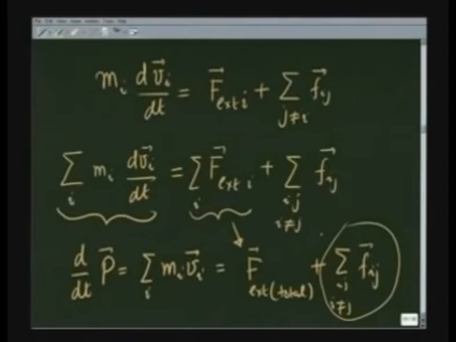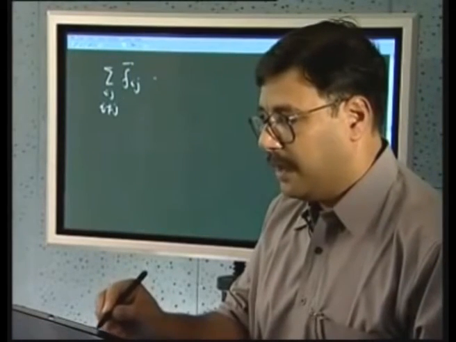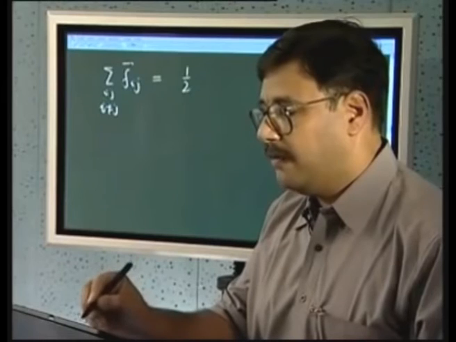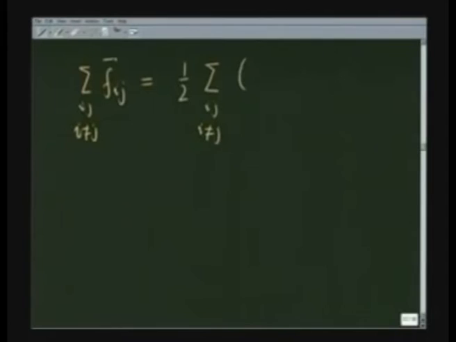You can already anticipate it should add up to 0. How does that happen? F ij summed over i and j, i not equal to j, I can write as 1/2 the summation over i, j of F ij, and just interchange the indices to j i, because I am summing over i and j completely, it does not really matter. But by Newton's third law, F ij is equal to minus F ji.